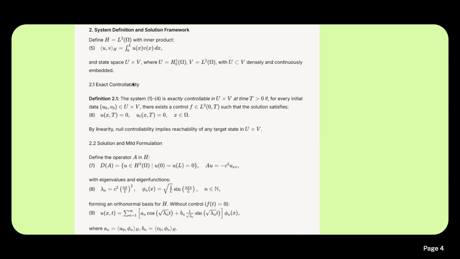Then from this work, we can define the exact controllability. The system (1),(2) is exactly controllable in U times V at time T larger than 0 if for every initial data (u0, v0) belonging to U times V, there exists a control F belonging to L^2(0,T) such that the solution of the system (1),(2) satisfies (6): u(x,T) equals 0, u_t(x,T) equals 0, x belongs to Omega (0,L).